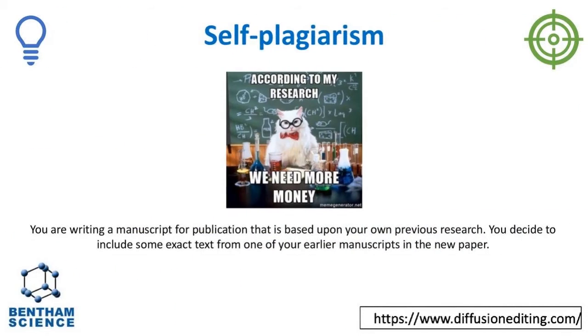Finally, self-plagiarism, as we talked about before. You are writing a manuscript for publication that's based on your own previous research. You decide to include some exact text or a figure or some data from one of your earlier manuscripts in the new one. What should you do? You should cite yourself.